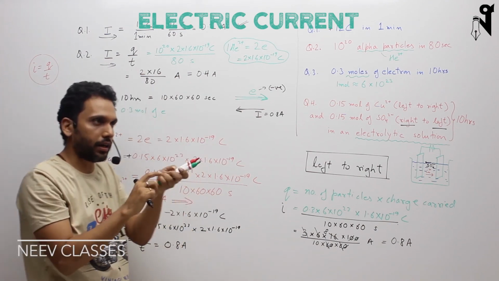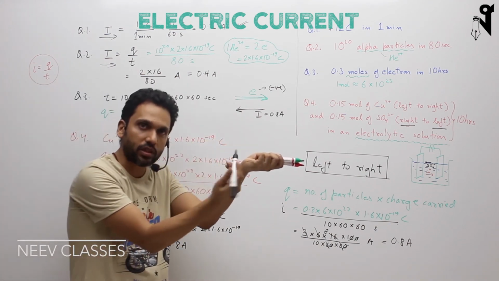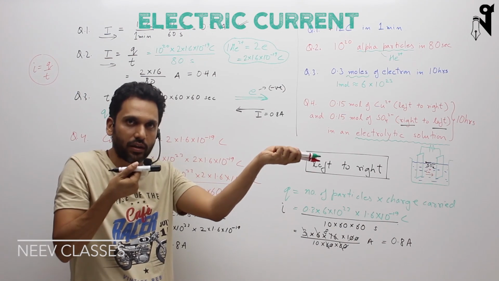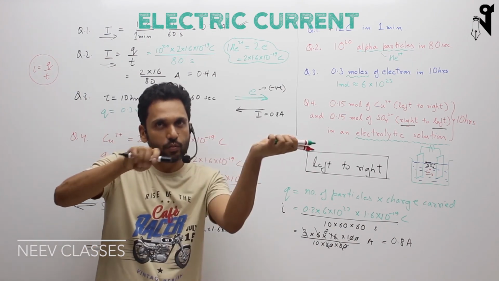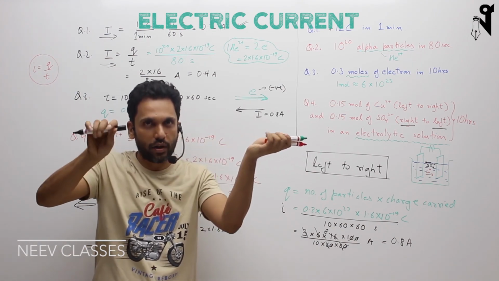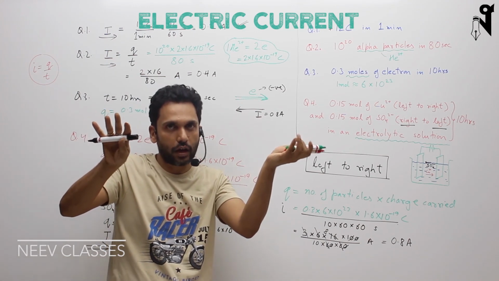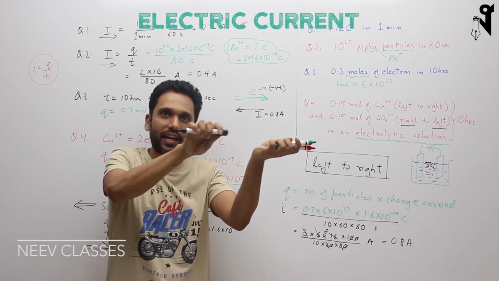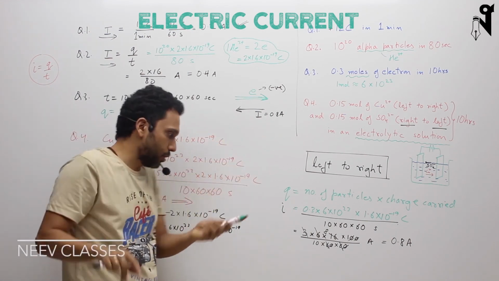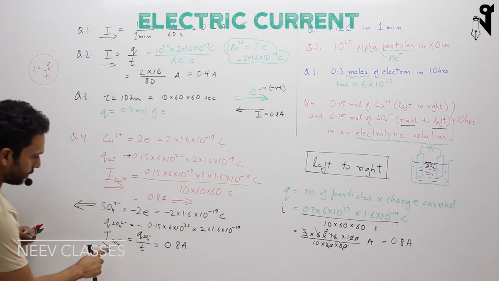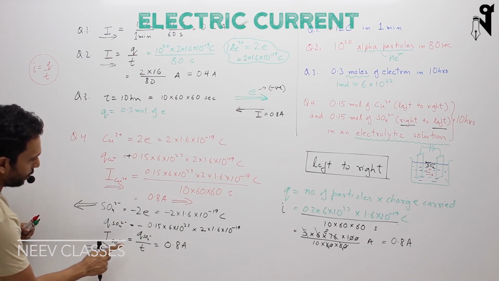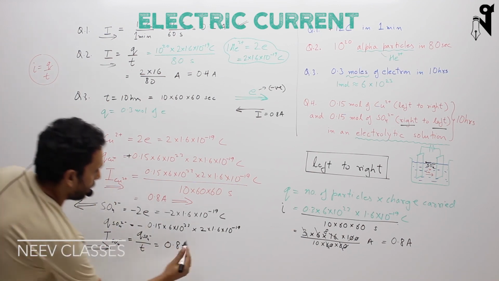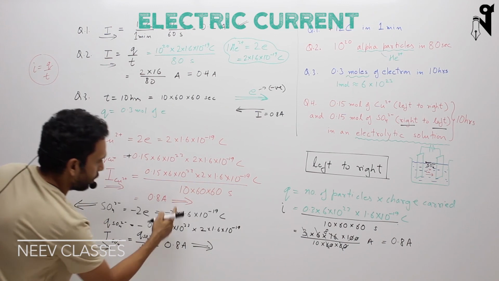Had positive particles moved this way and positive particles again moved that way, they would have effectively cancelled the current, and there would have been no current. But this time it is positive this way and negative that way, so the currents add up. The current direction by sulfate and copper are the same. Both are that way.